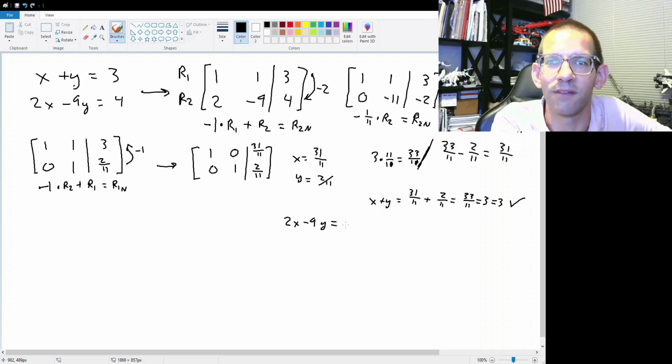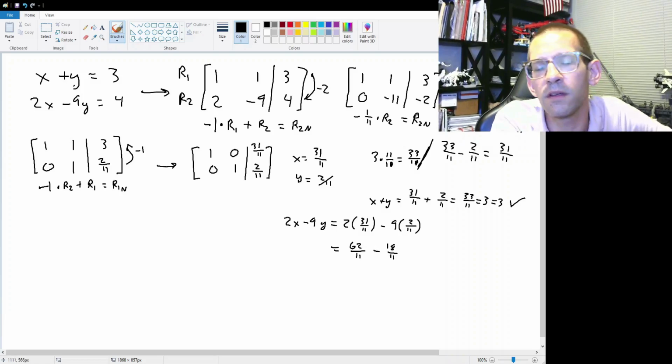But we have 2 times x minus 9 times y, and this is equal to 2 times 31 over 11 minus 9 times 2 over 11. This is going to be equal to 62 over 11 minus 18 over 11. You can do this in your head probably.